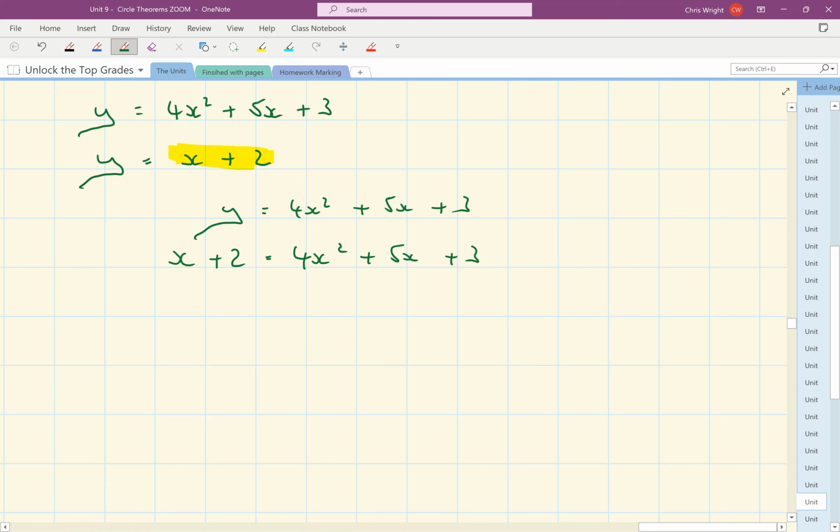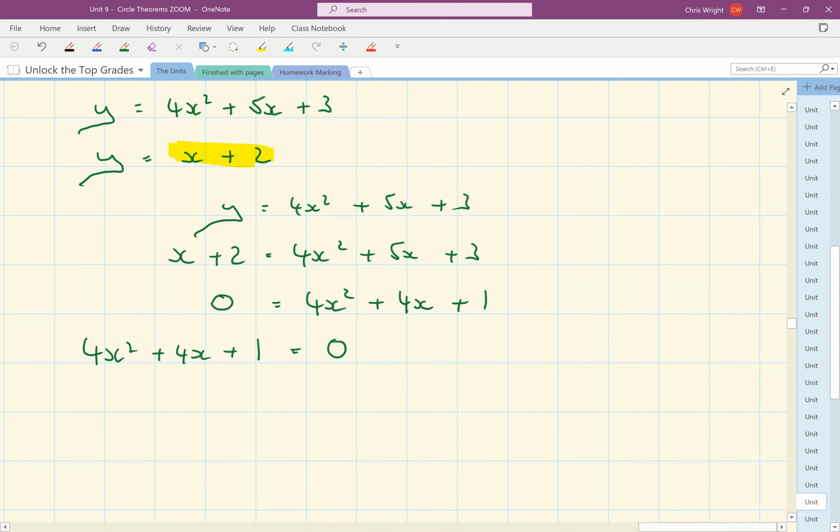And now I'm going to solve this equation to find x. Let's put everything on the right-hand side. So let's subtract x from both sides and subtract 2 from both sides. So now the quadratic equation I'm solving to find x is 4x squared plus 4x plus 1 equals 0.